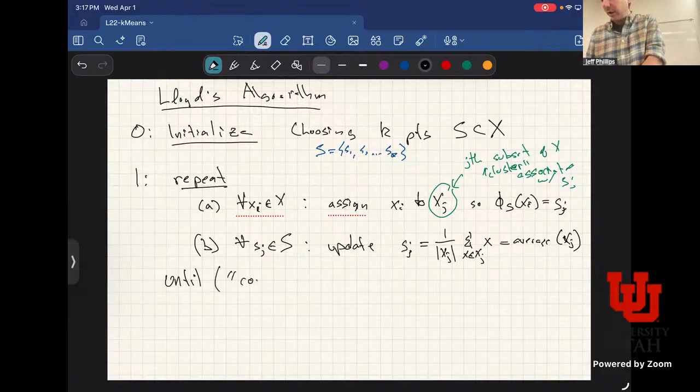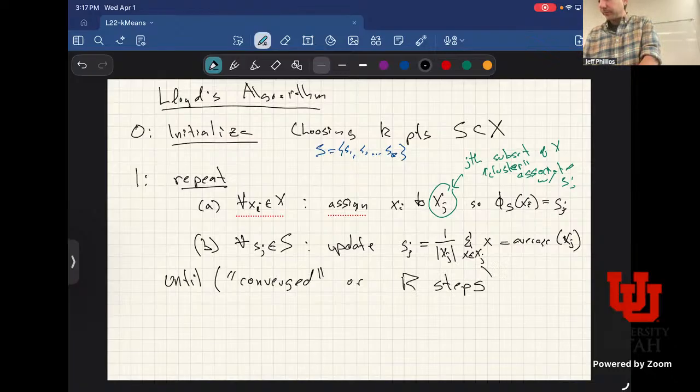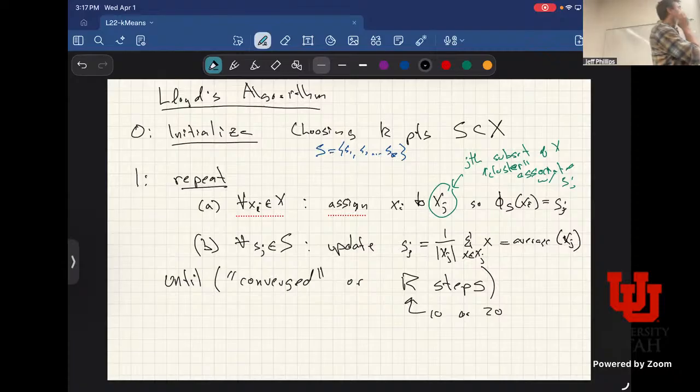It repeats until it's converged, or I've gone for some number of R steps, and this R might be 10 or 20. So I'm just going to iterate between assigning everything to the closest site and then re-updating the site as the average of all the points assigned to it.